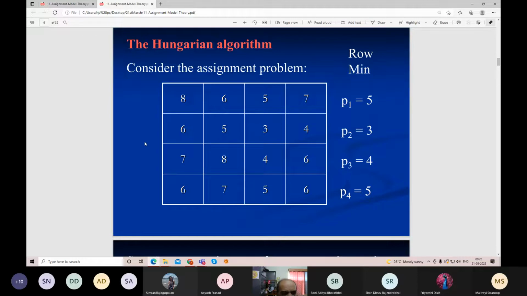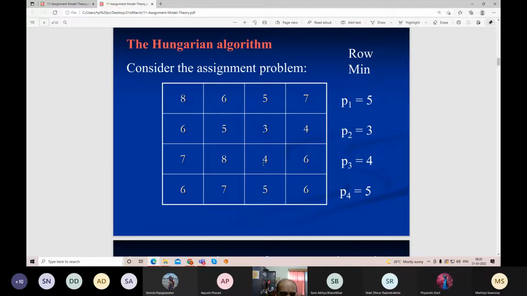Similarly, the second worker takes 6, 5, 3, 4. He also takes minimum time, 3 units, to complete the third job. The third worker takes 7, 8, 4, 6. He also takes minimum time, 4 units, to complete the third job.